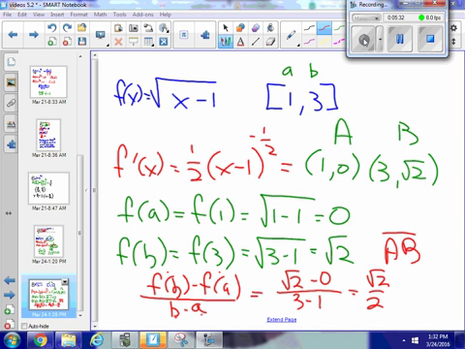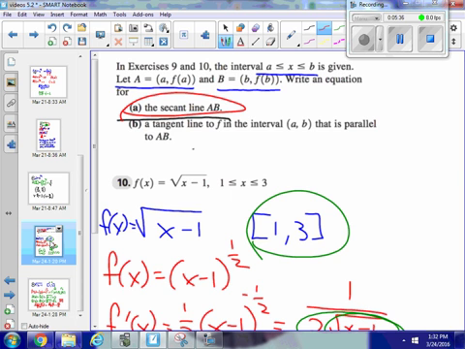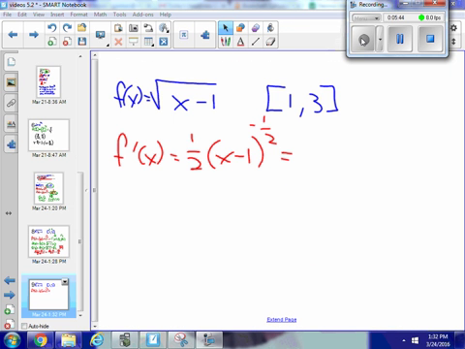And now I need to find the equation of the tangent line to f in the interval AB that is parallel to that. Well, all the tangent lines are going to follow the equation of my first derivative.